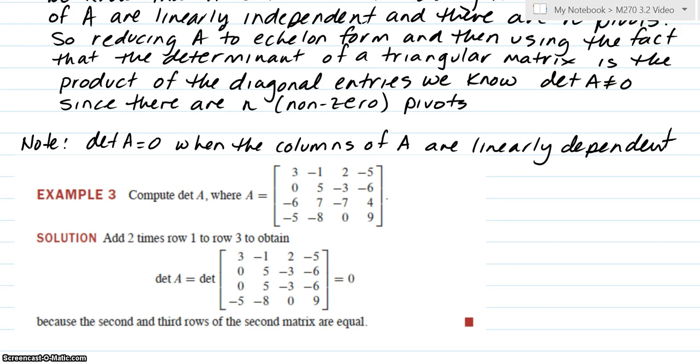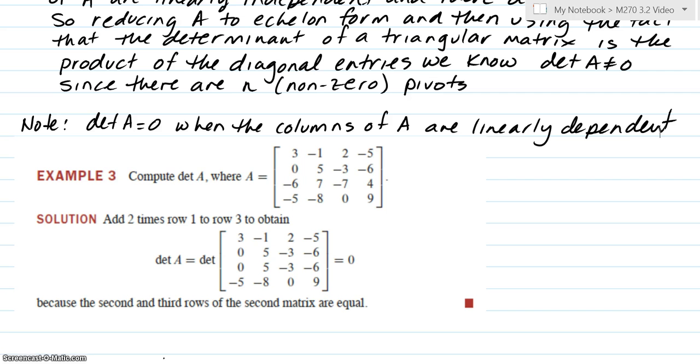So you can see here in example 3, let's just glance at it. It says compute the determinant where A is the following matrix.